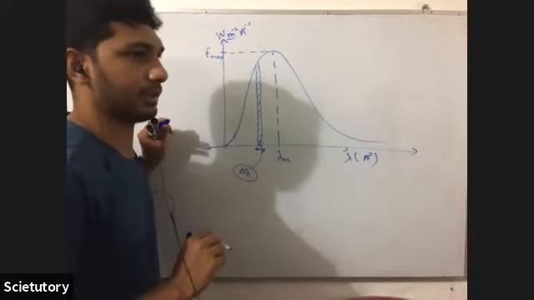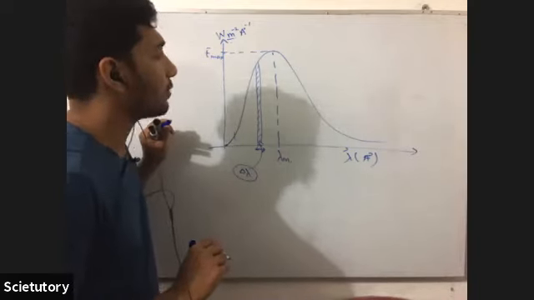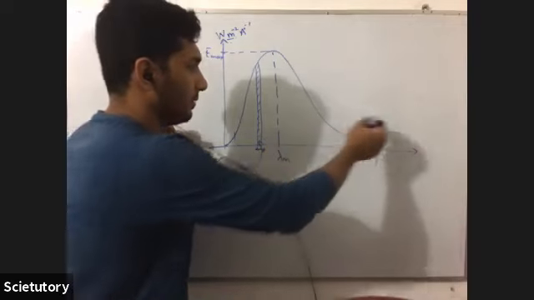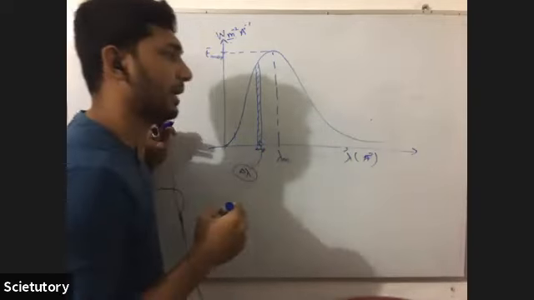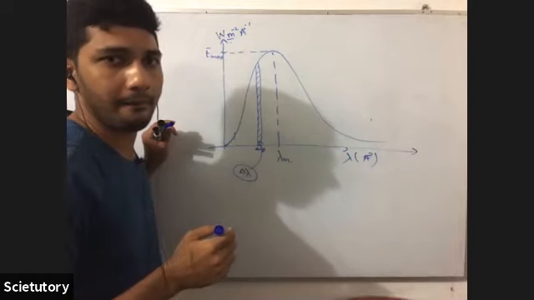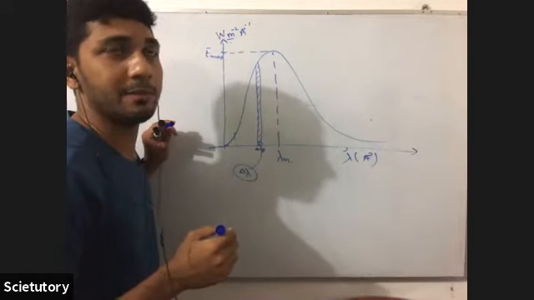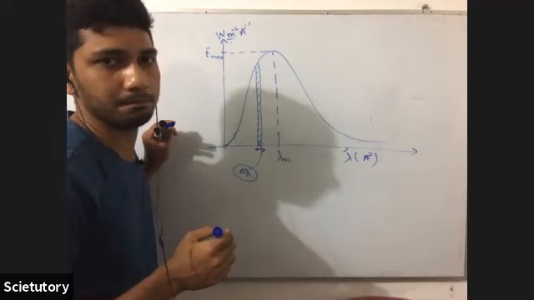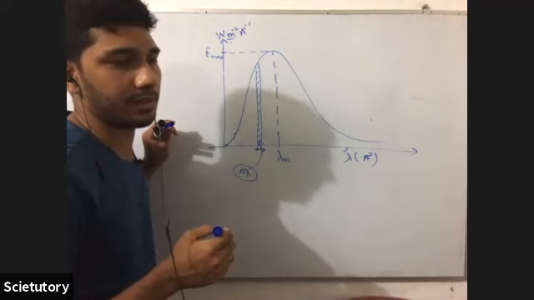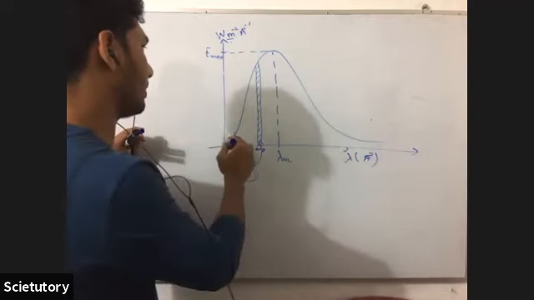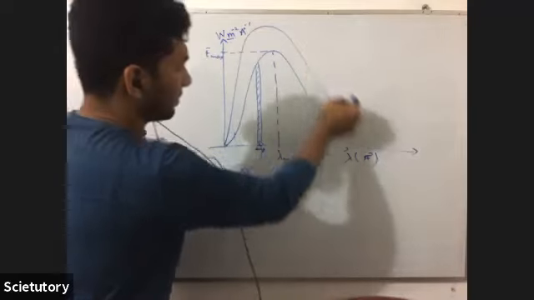So what happens to this graph when you increase the temperature? It displaces towards which side? Left side or right side? Right. No, left side, no?